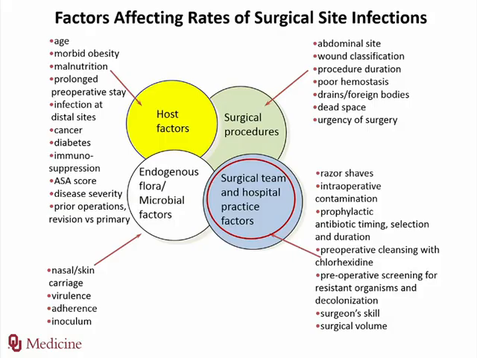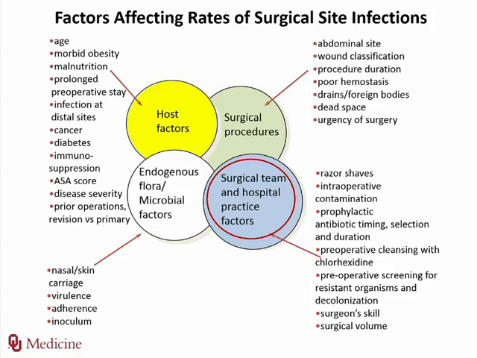They're sicker patients, they have higher ASA scores and things like that. We can't control a lot of that, and oftentimes the surgery is semi-urgent, so you don't have the ability. One of the things I'll spend a little bit of time talking about is that some patients are colonized with bacteria that can cause infection, and how do we deal with that?